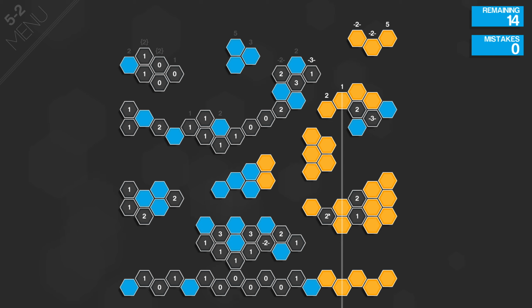And this 2 needs one of these 2 cells to be one of those in order to fill this clue. So we can eliminate this tile and this tile. And we know that both of these can't be blue, but one of them will be, which means this one is going to touch one of those, so we can get rid of those 2 on the right hand side as well. That means the 3 is only touching 3.